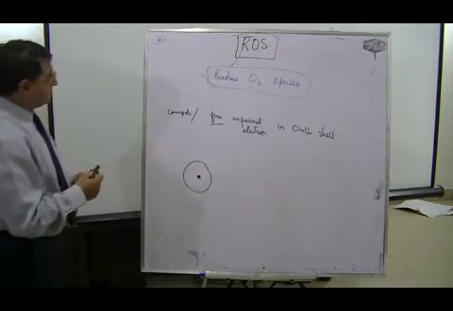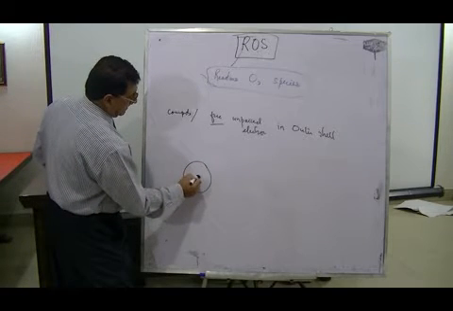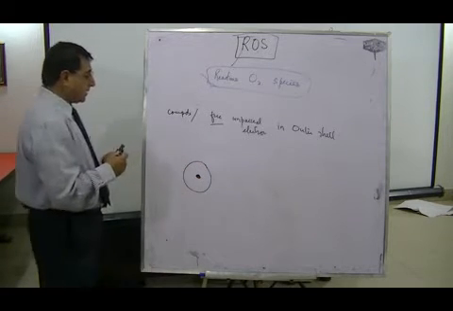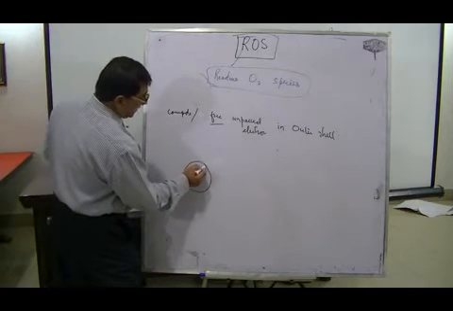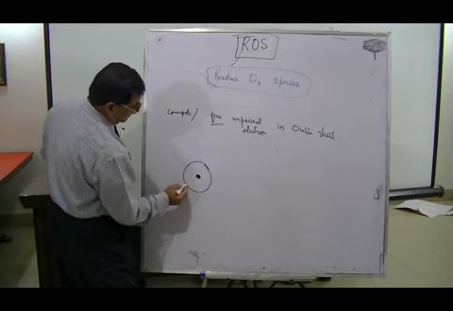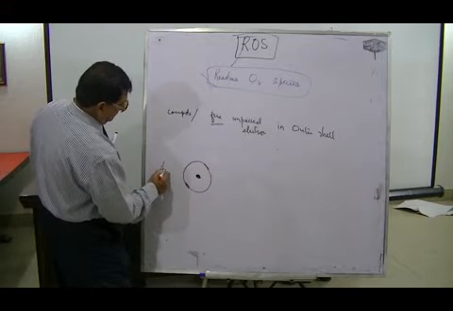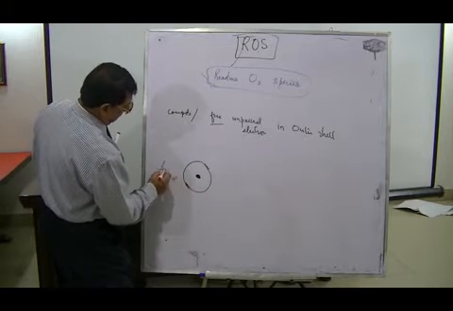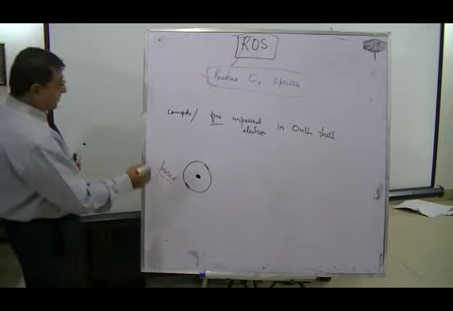If this is the nucleus, and if there are 2 electrons, this is paired. This is not dangerous.